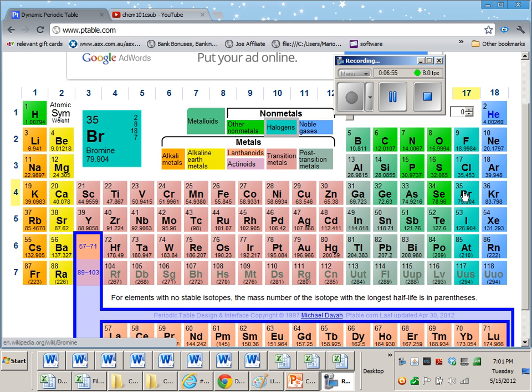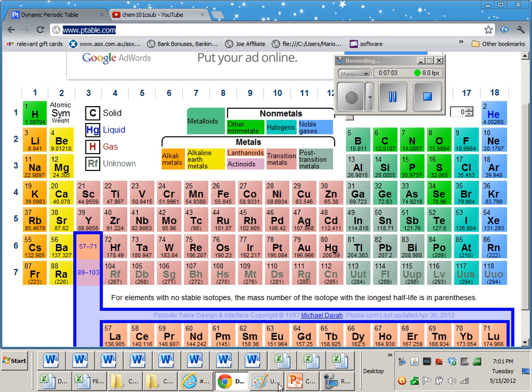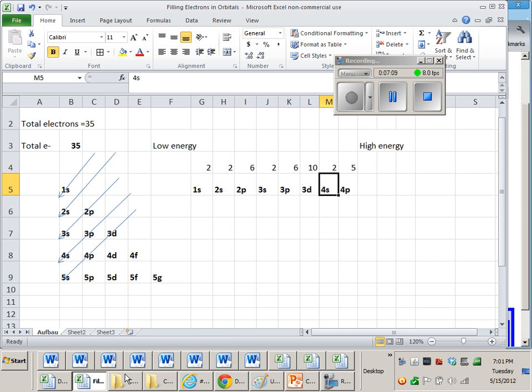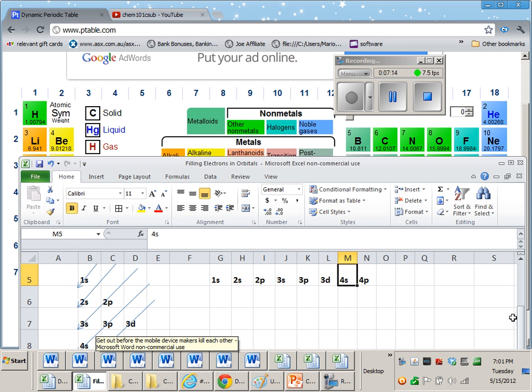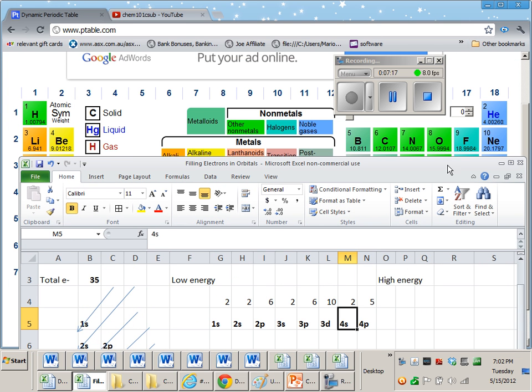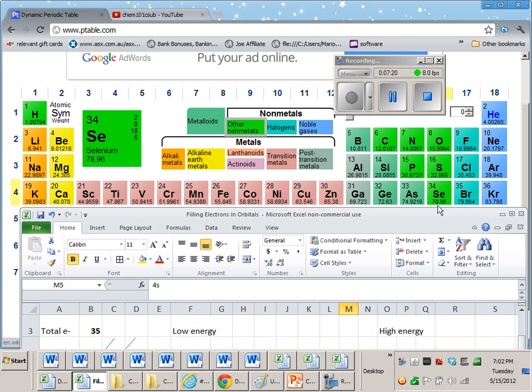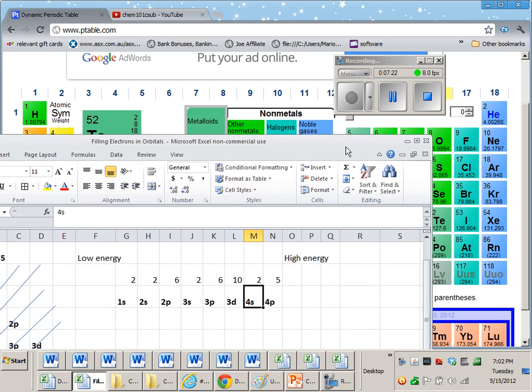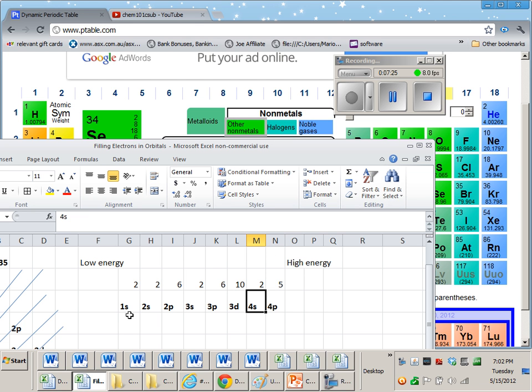So if I look at the electronic configuration, and I make this small enough so I can actually look at them both at the same time. 1s2 fills up this row, and then the second row gets filled up with 2s2p.